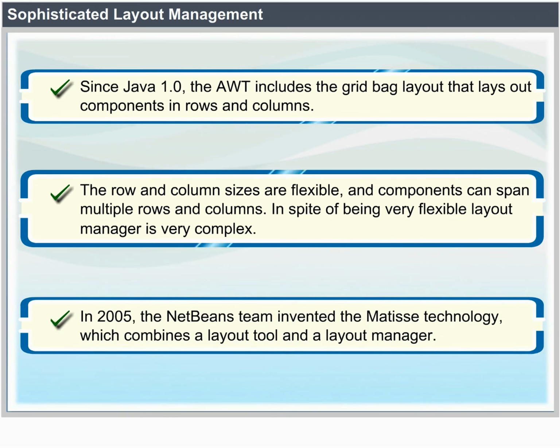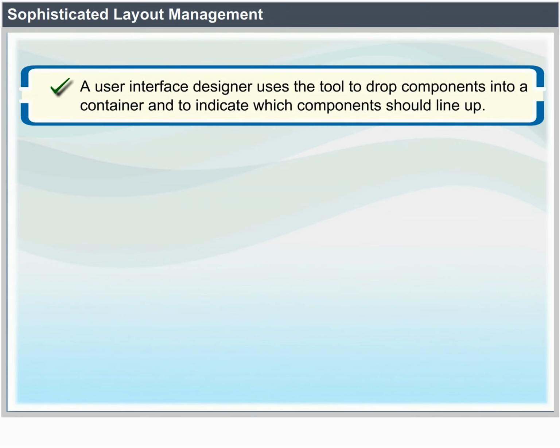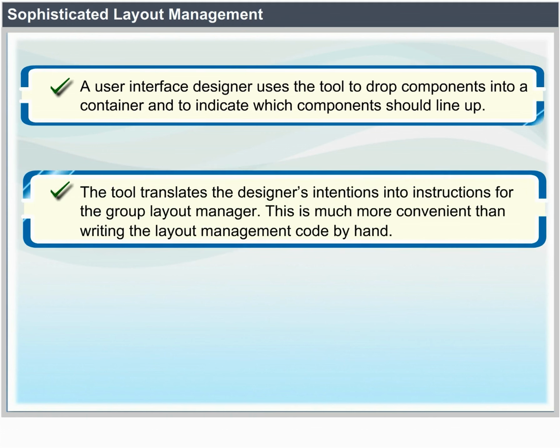In 2005, the NetBeans team invented the Matisse technology, which combines a layout tool and a layout manager. A user interface designer uses the tool to drop components into a container and to indicate which components should line up. The tool translates the designer's intention into instructions for the group layout manager. This is much more convenient than writing the layout management code by hand.